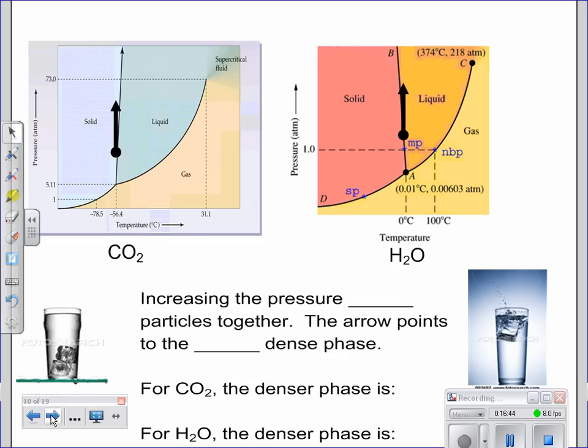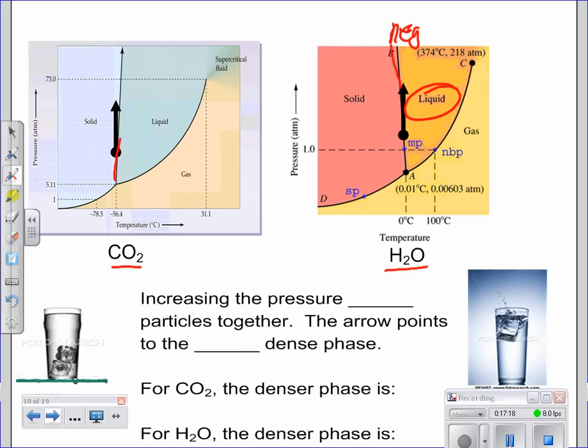Next one. For my classes, I copied these two graphs on the back of your homework. You'll see them on the very bottom of the back of your homework. That just shows you, and we really already went over this, you don't have this information written down anywhere else in your notes, except that you do have those two graphs, or similar graphs, phase diagrams. And what we end up seeing is, like we mentioned, that if you have a negative slope, then your liquid ends up being more dense.